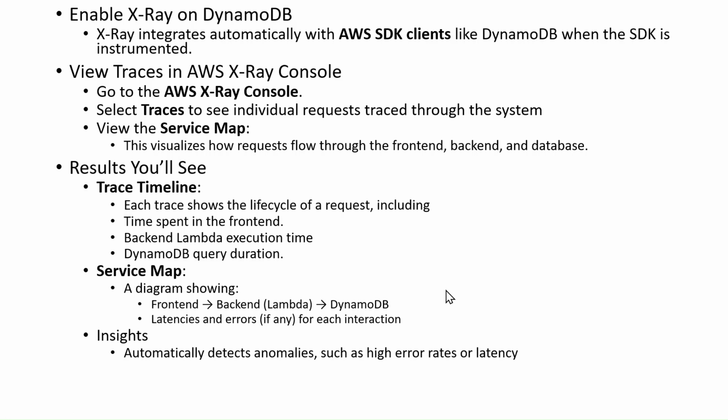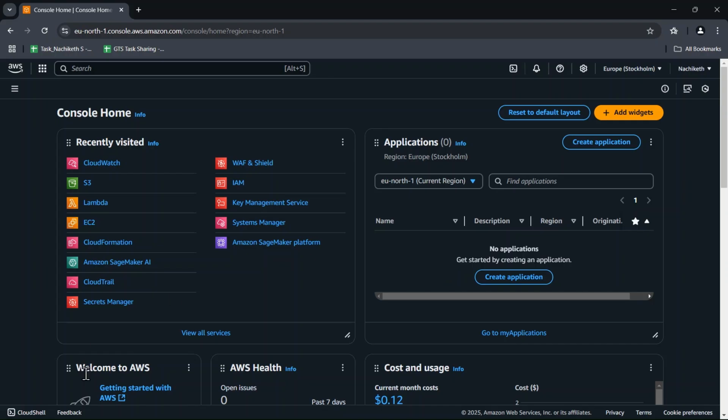Just log on to your AWS console. Once you log into AWS, this is the primary console. Initially we had a separate entry called X-ray, but now it is integrated with the primary service called CloudWatch itself, so both are good to navigate.